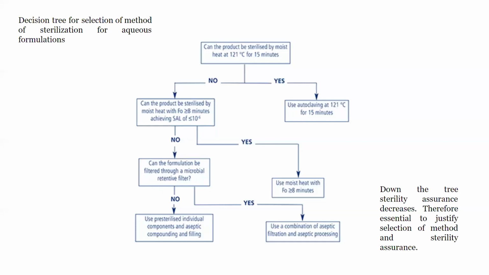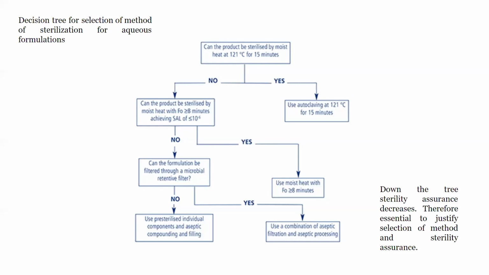If it is no, then you can go for another method, and you'll see whether this method can be filtered by membrane filtration and the microbial burden can be retained onto the membrane. If yes, then rather than going for autoclaving, go for filtration and aseptic processing. If it is no, you cannot further filter and sterilize the formulations, then aseptic processing is adopted.